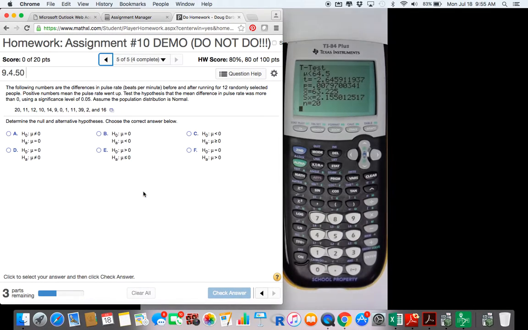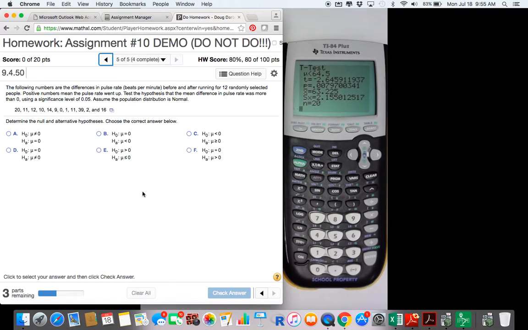All right, gang. The following numbers are the difference in pulse rate before and after running for 12 randomly selected people. Positive numbers mean the pulse rate went up, which you would expect after you run. Test the hypothesis that the mean difference in pulse rate was more than 0.